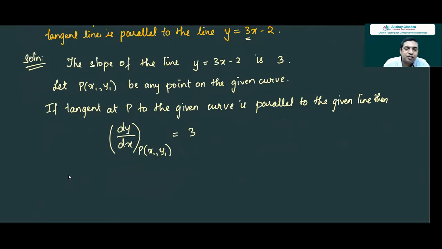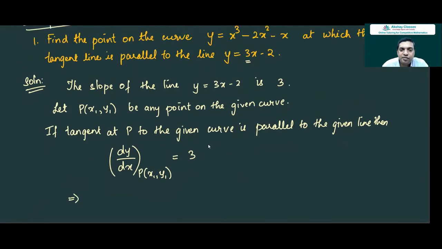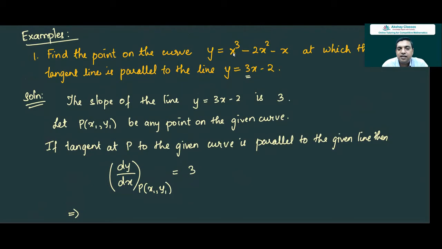So what is the derivative now? Differentiate y equal to x cube minus 2x square minus x. So we get 3x square minus 4x minus 1 at (x1, y1) at P should be equal to 3.